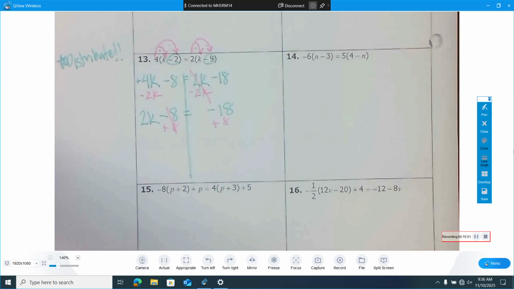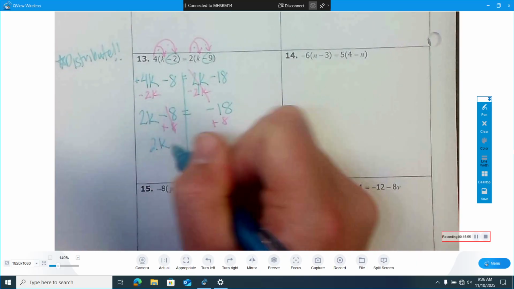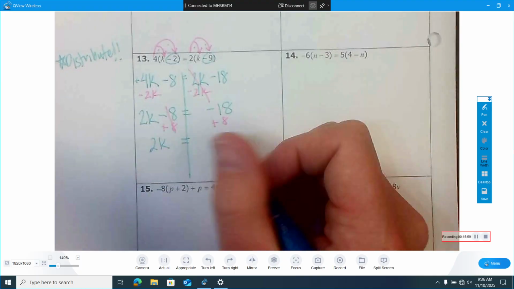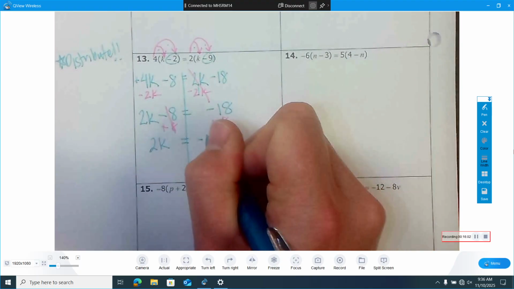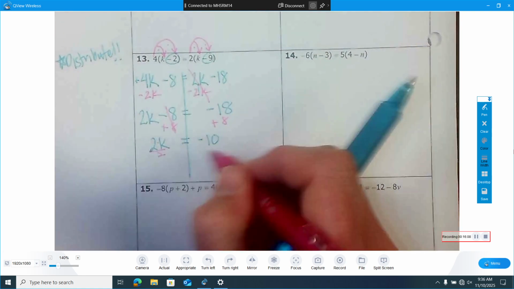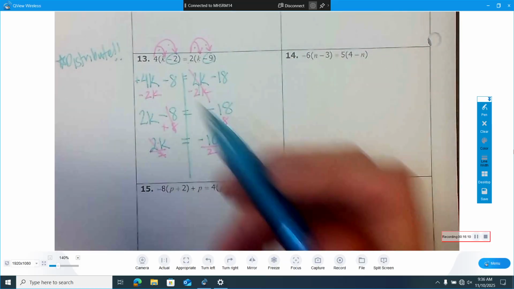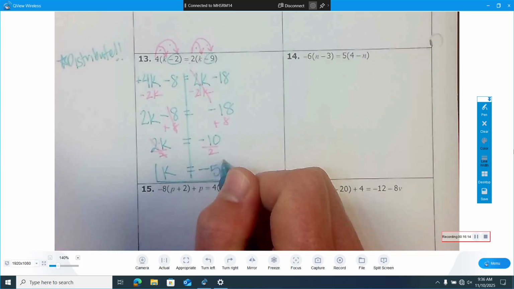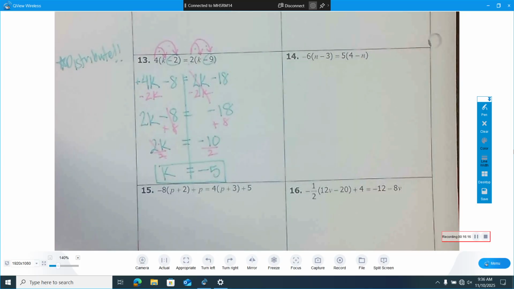So again, he's changing sides, opposite sign. All right, so we get a 2k equals, we have a negative 18 and a positive 8. Who wins? Negatives by 10. Very good. And then last step here, divide by 2. So the k is alone and we get negative 5. Very good.